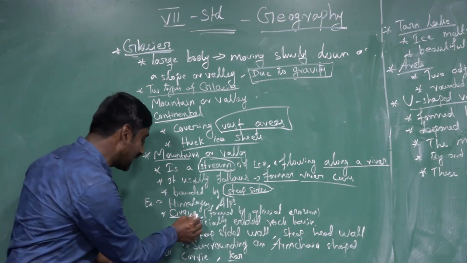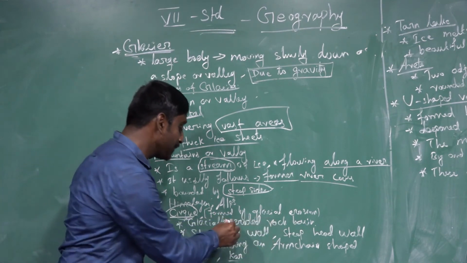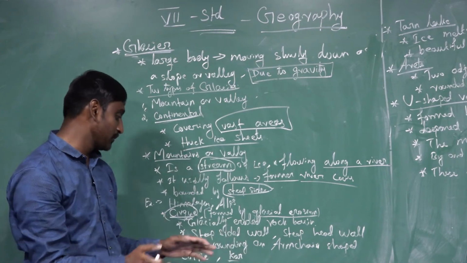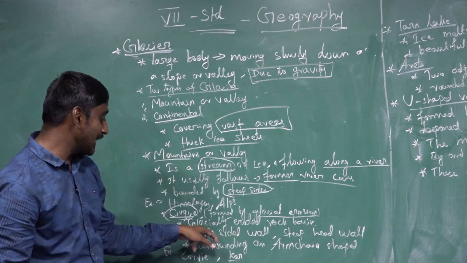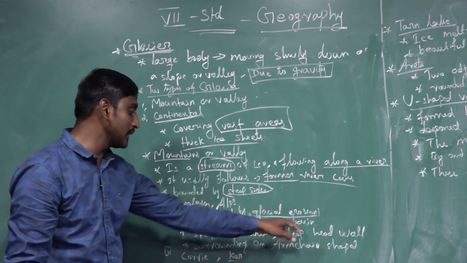Next, the cirque. The cirque is formed by glacial erosion, eroding a rock basin.